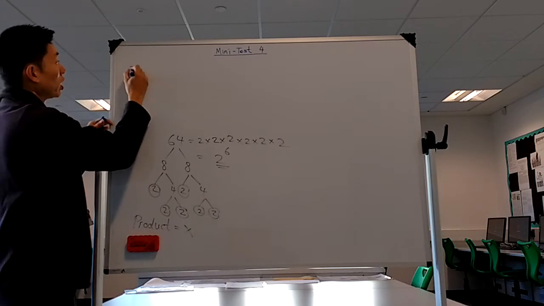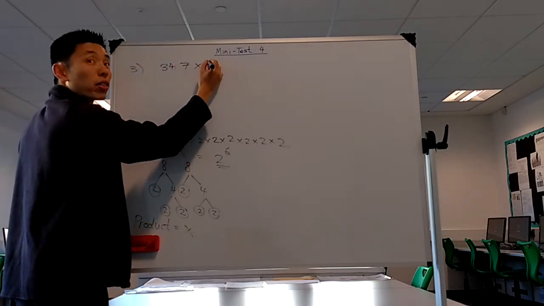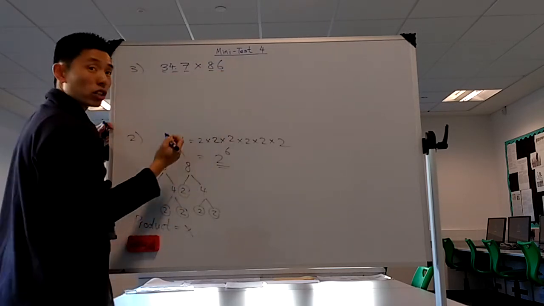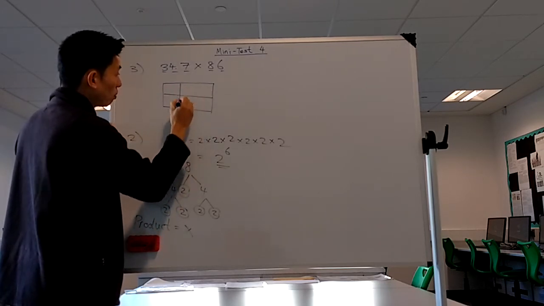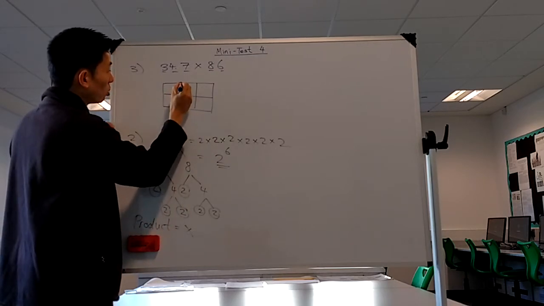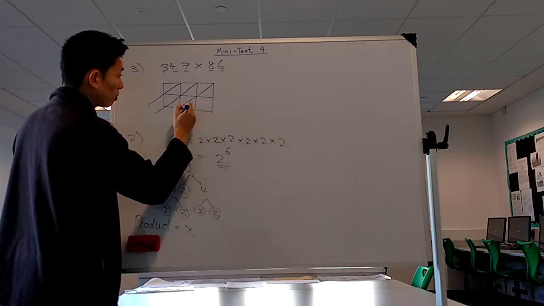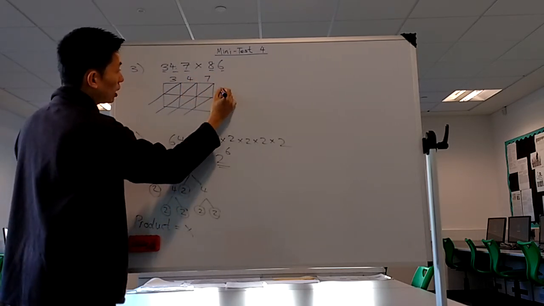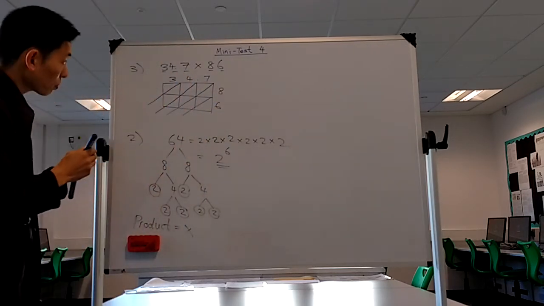So, to multiply 34.7 by 86, a 3-digit by 2-digit number, you draw a 3 by 2 grid. Split each of the boxes into triangles going this way. It must be going this way. Write the 347 on the top, 86 there. If you like, you can put a dot there.